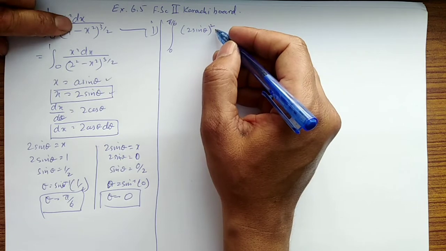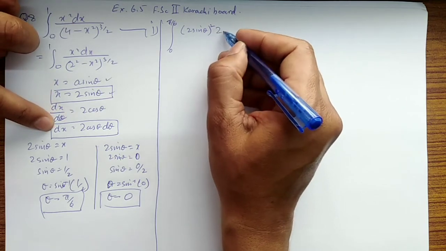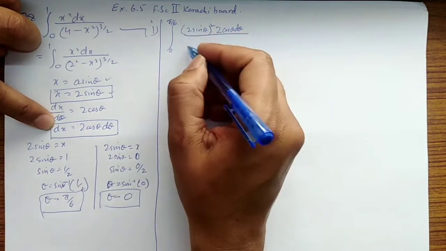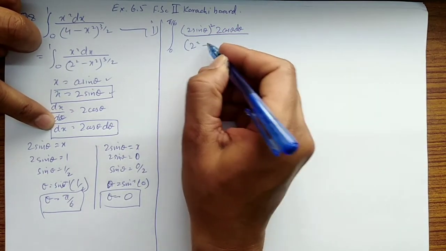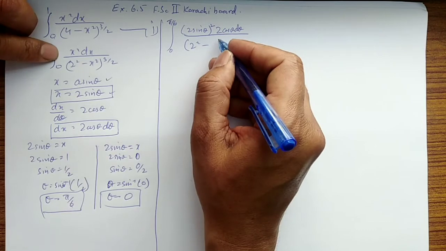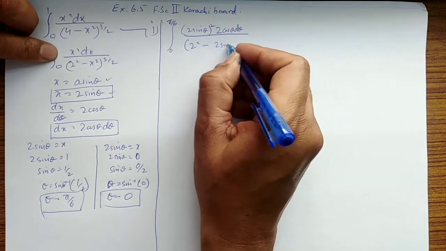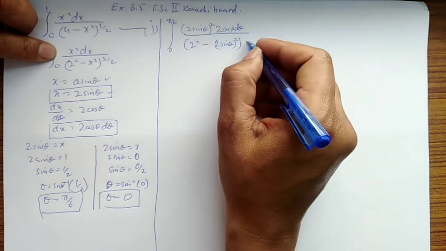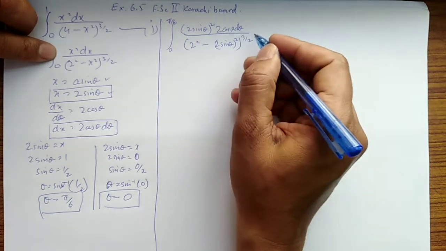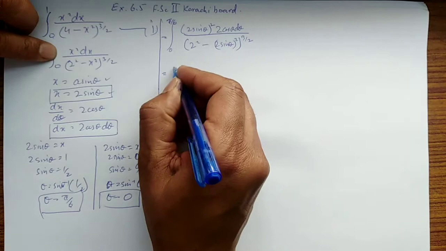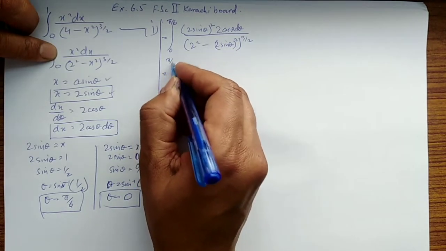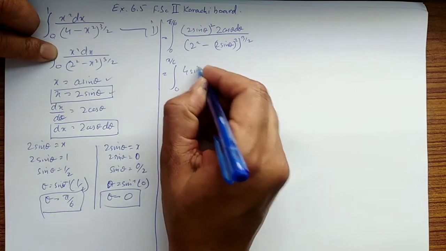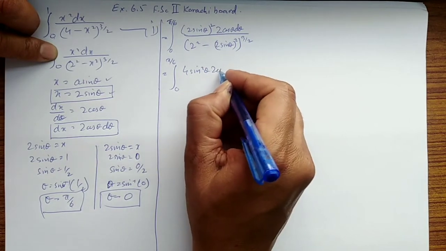In place of dx we write 2 cos theta d theta, whole divided by 2 square minus (2 sine theta) square, whole power 3 upon 2.